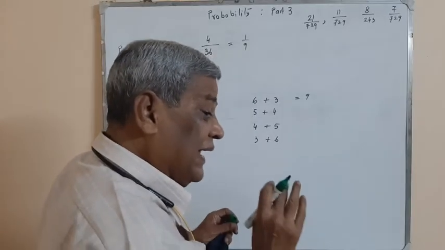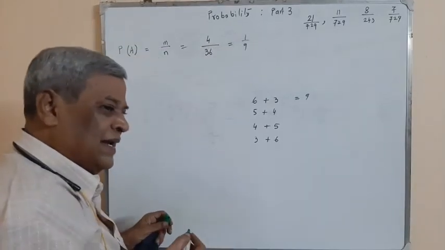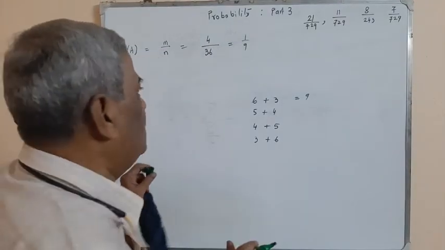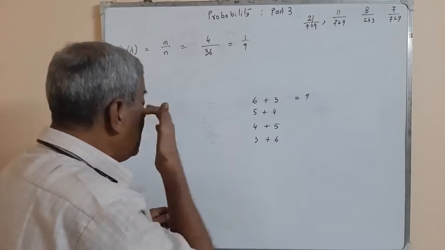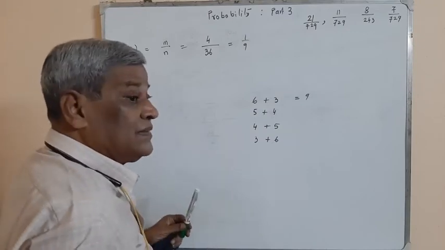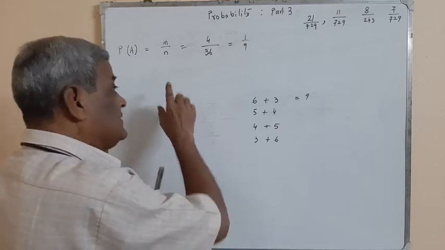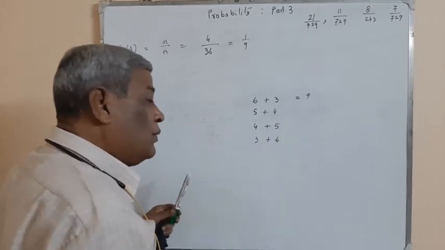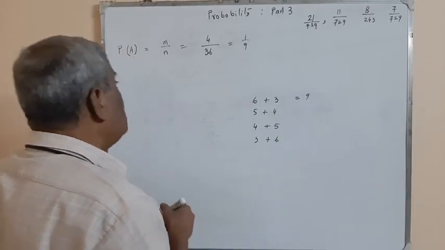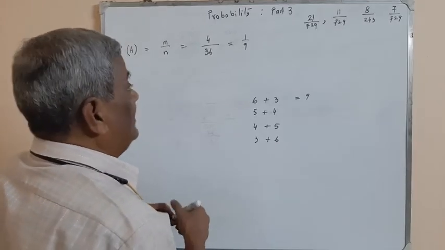Suppose that A, total score 9, is our success, otherwise it is our failure. So in the experiment two things may happen: either success, that is getting a score of 9, or any other number other than 9.